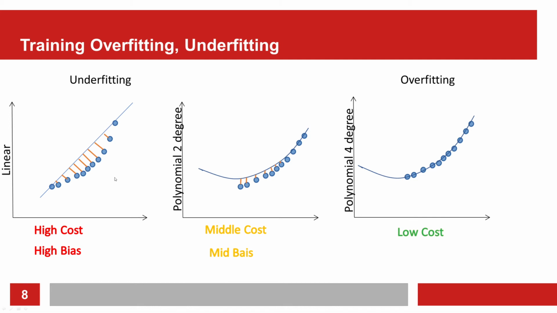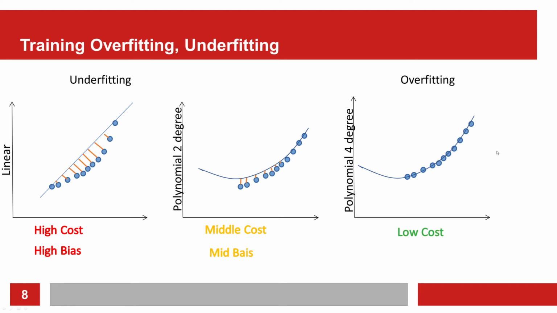Now, regarding the training, it's high bias because the cost is high. If you go to overfitting, what does that mean? Overfitting means I can work on the training data without any error, or with a small range of error, close to zero, but I cannot work with any testing data.